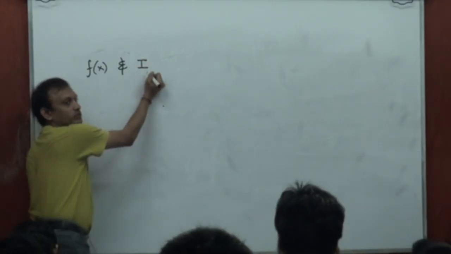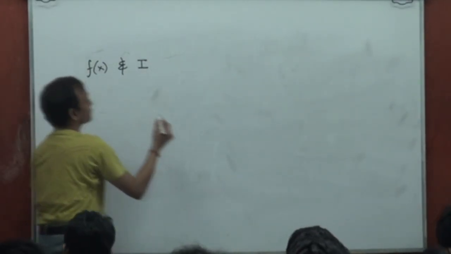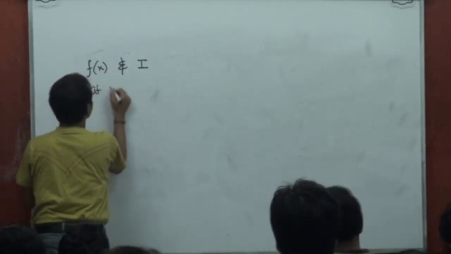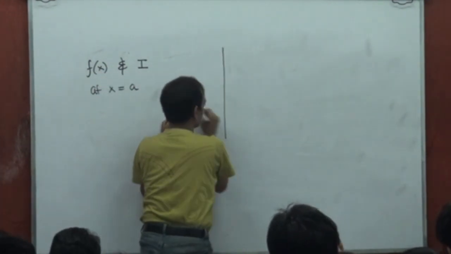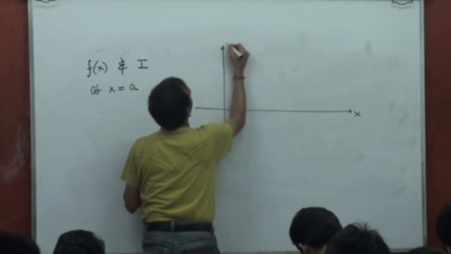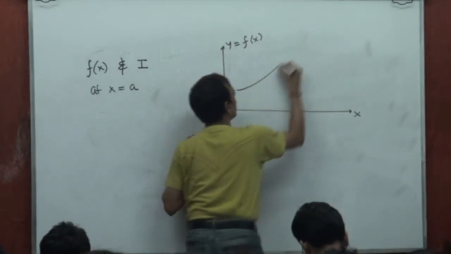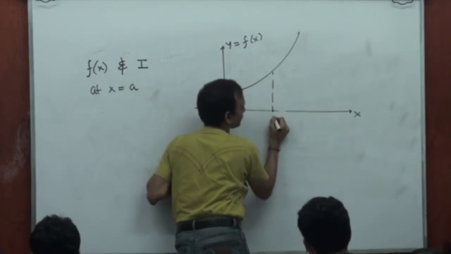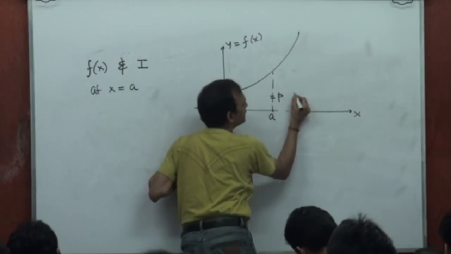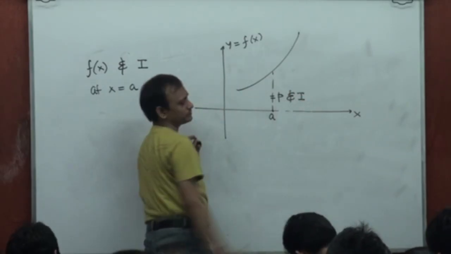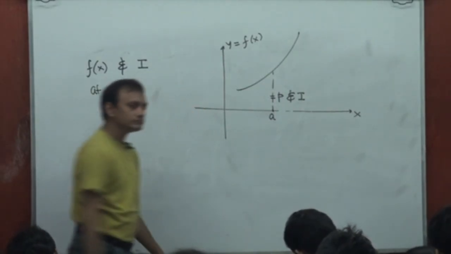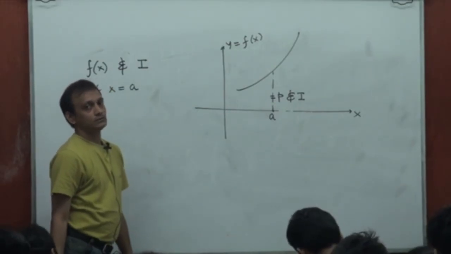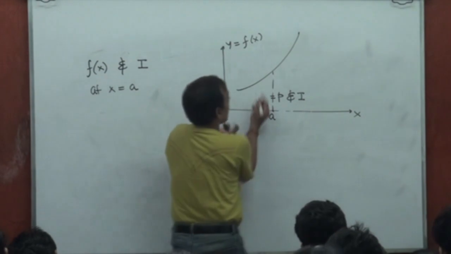If f(x) is not an integer at x equal to a, but is continuous at x equal to a, at x equal to a, let's say f(x) assumes a value p, which is not an integer. Yes or no?